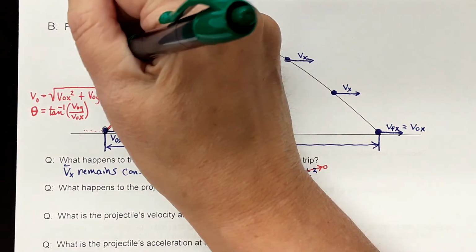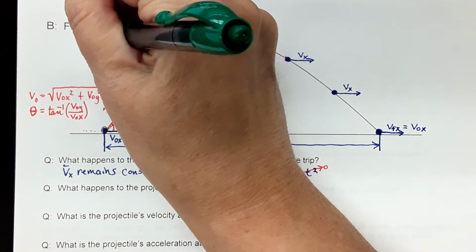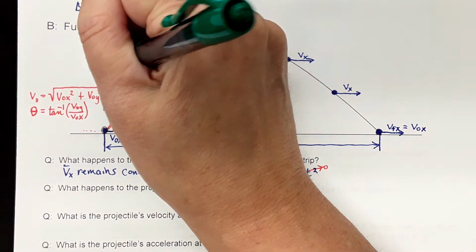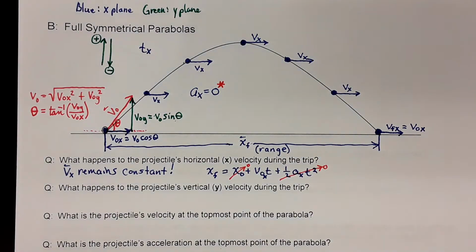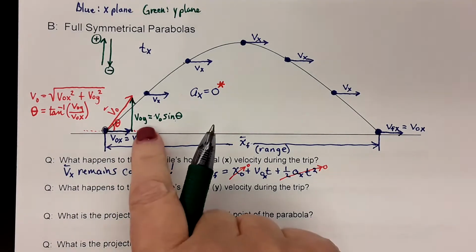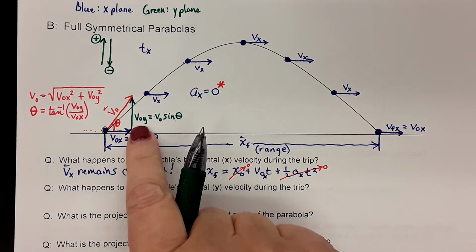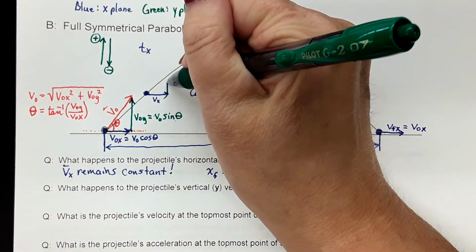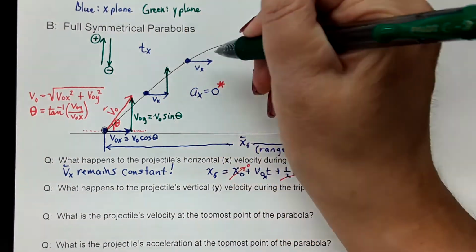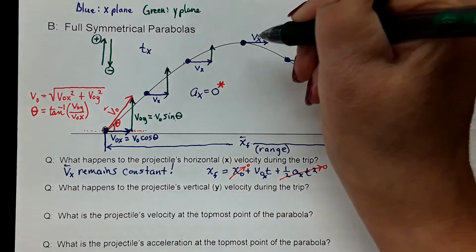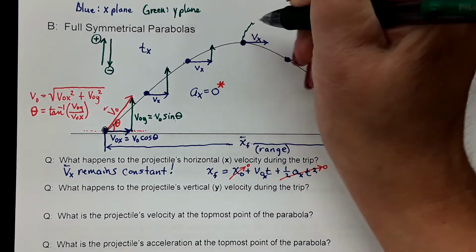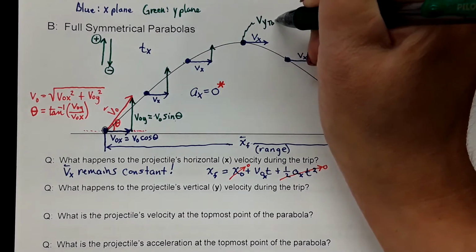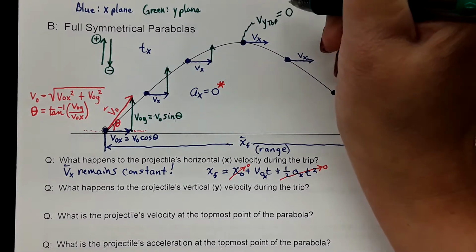As we've been doing, I'm going to choose up to be the positive direction and down to be the negative direction. So as the ball starts with its initial vertical velocity and travels upward, that initial vertical velocity decreases in value until, when you get to the top, the y velocity at the top is 0.